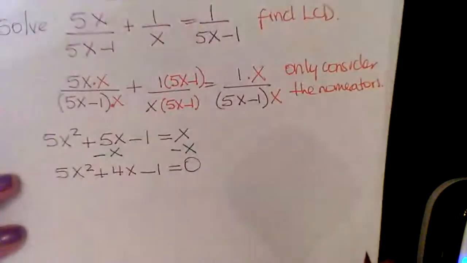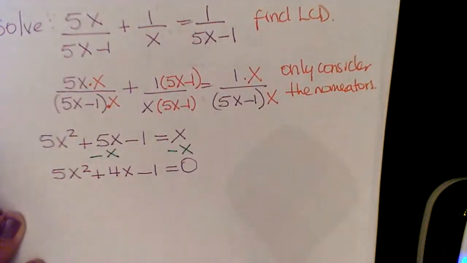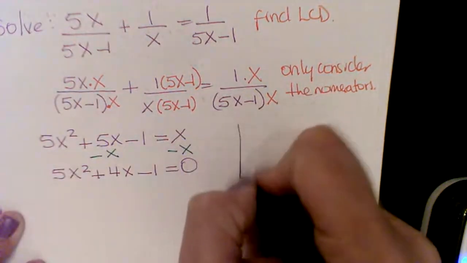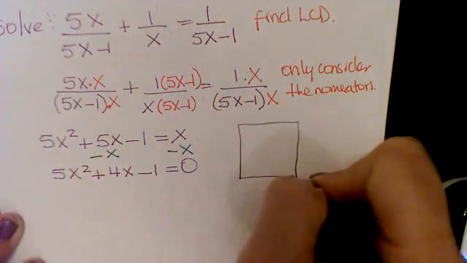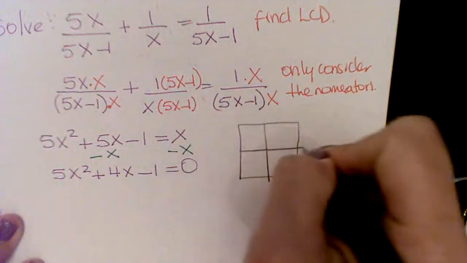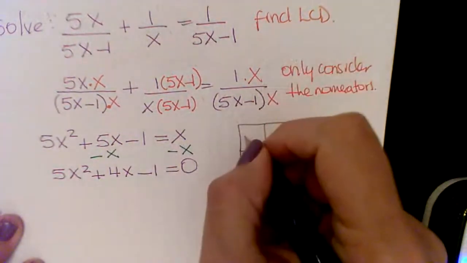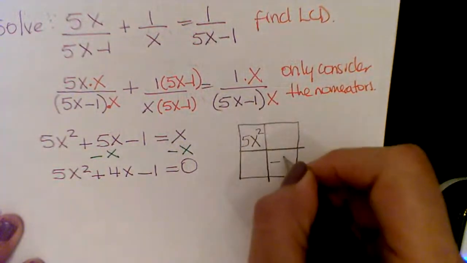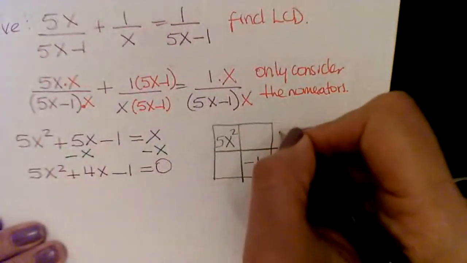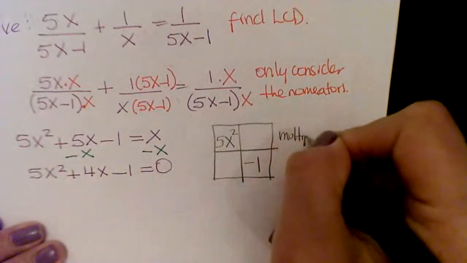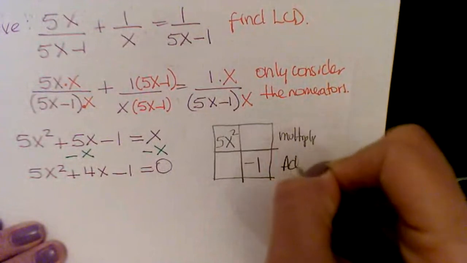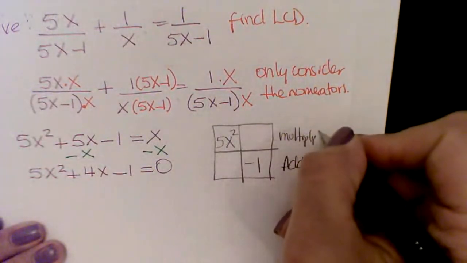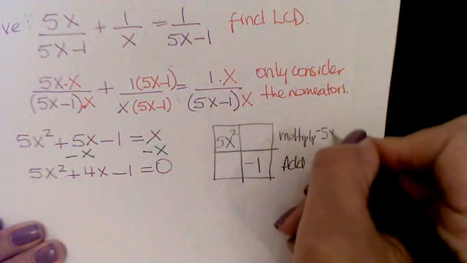And we gotta do the box. Here comes the box. So we have 5x squared and we have negative 1. When we multiply, we get negative 5x squared.